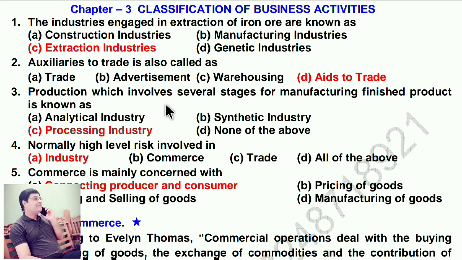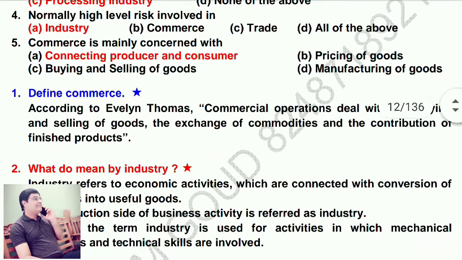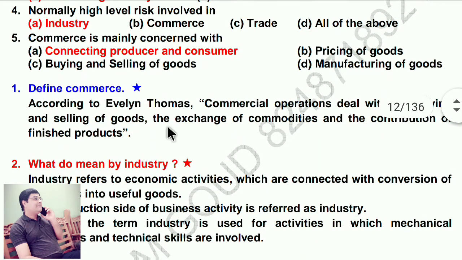Production which involves several stages for manufacturing finished product is known as processing industry. Normally, high level risk involved in industry. Commerce is mainly concerned with connecting producer and consumer.